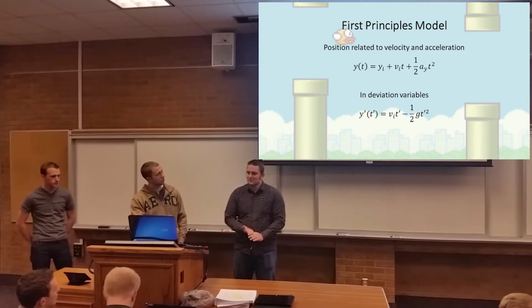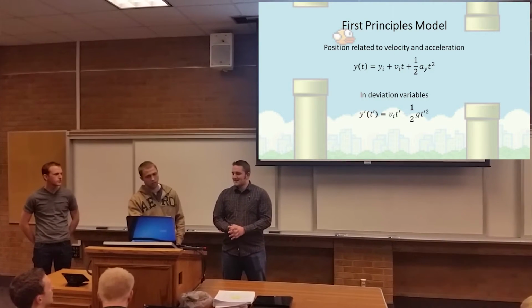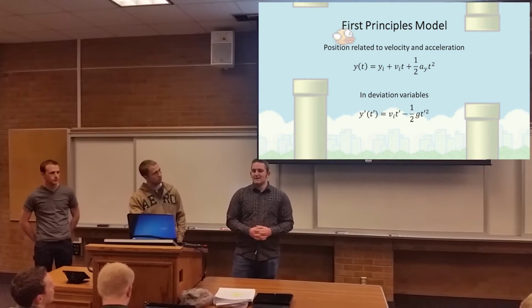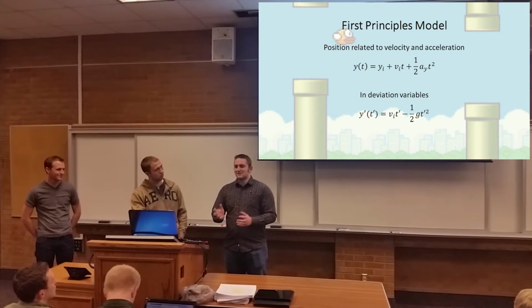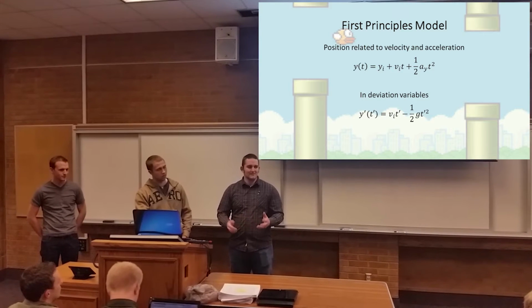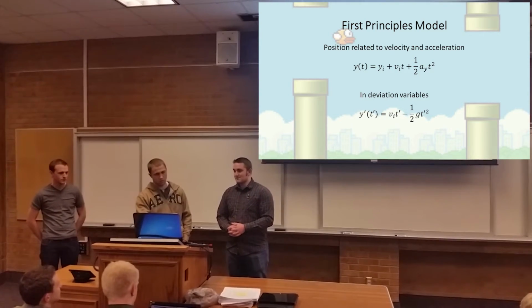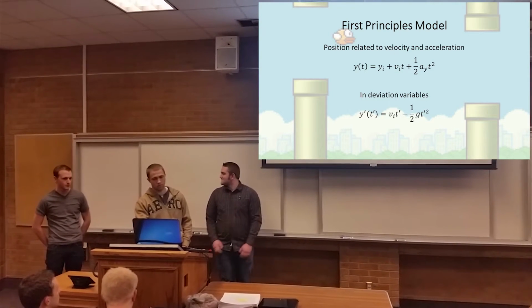To look at this controller, we look at it in deviation variables, and actually the Flappy Bird game evaluates this equation as a deviation in discrete time steps. So we're all kind of familiar with how programming works. It goes through a loop and it solves this equation for each small time step. So this helped us to get ideas of how to build our controller.